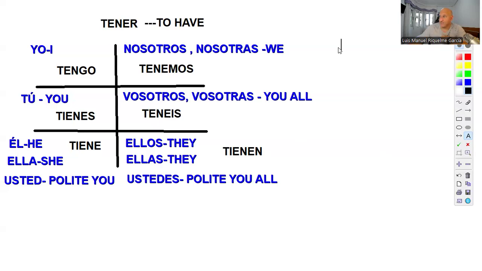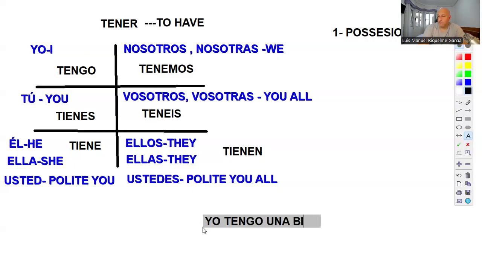Now we could focus on the different uses, the different things that we say using the verb tener in Spanish. And basically we will have 4 different uses. The first use is to talk about possession. That's the same use as in English. It's to talk about whatever you have. So you can say things like, yo tengo una bicicleta.